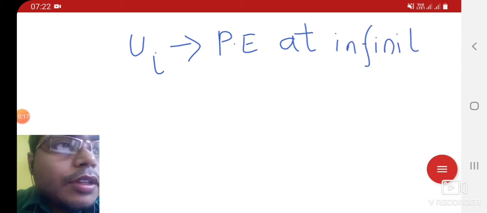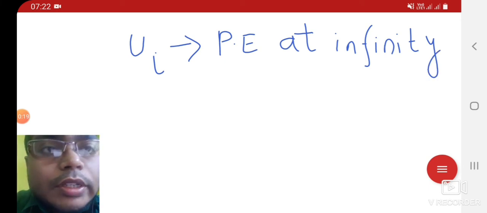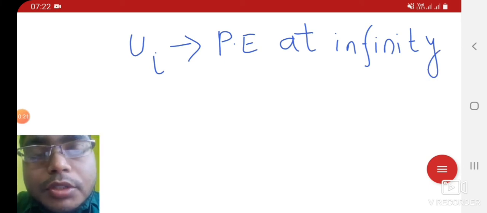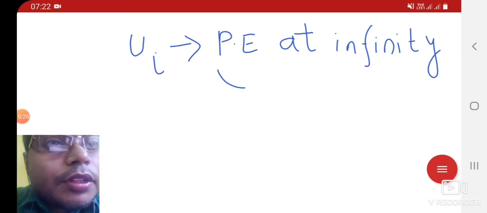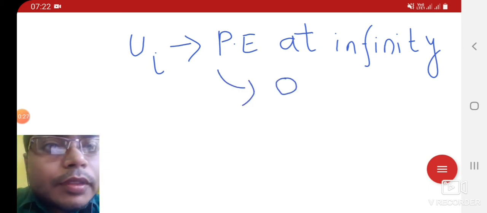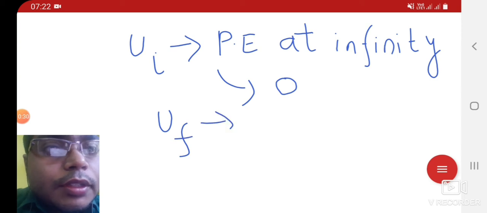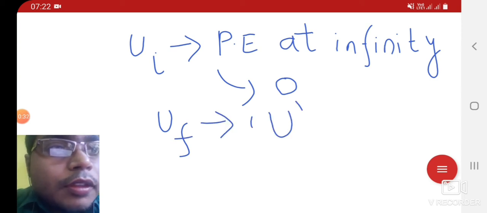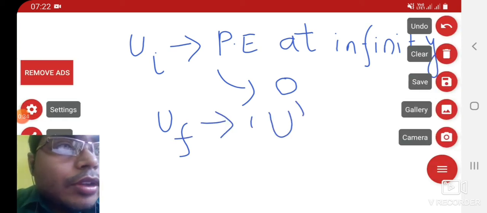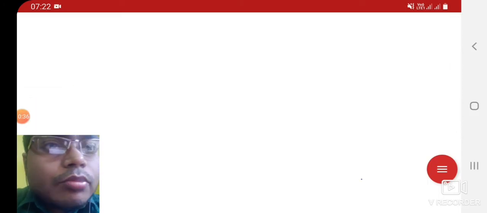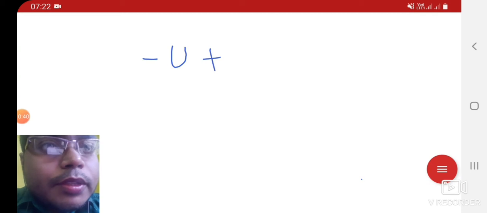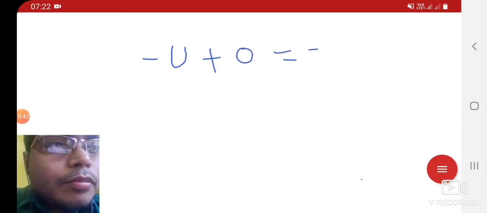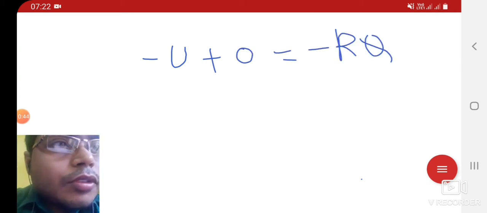Why infinity? Because it is the initial potential energy, and the initial position of the charge small q was at infinity. So at infinity we are going to consider 0, and Uf let us take as U. Applying these two conditions, we get minus U plus 0 equal to minus kQ divided by r.